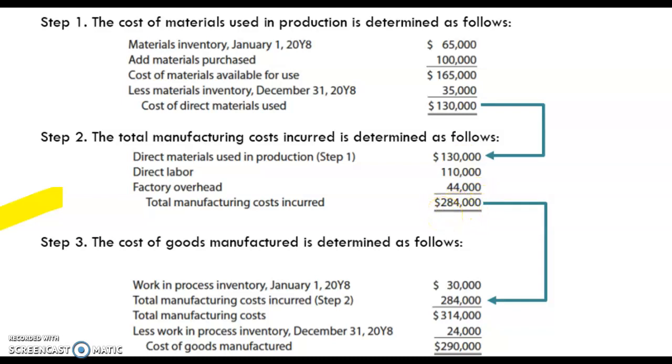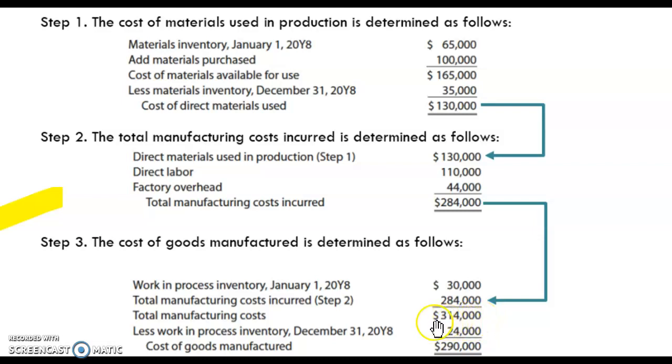So total manufacturing cost, remember, is your direct material that we calculated in step 1 plus direct labor plus factory overhead. Then to get your cost of goods manufactured, take what's already in work in process plus your manufacturing cost from step 2.